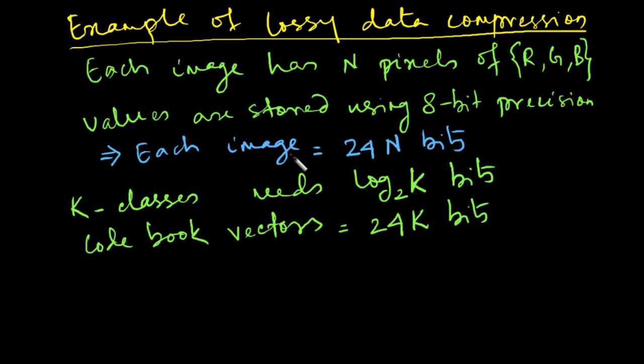Now if you have capital N number of pixels, then you need to store the class information for each pixel, and that will become capital N times log 2k.